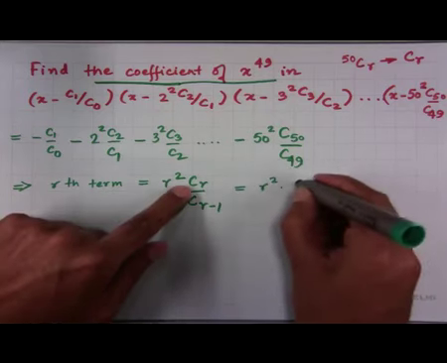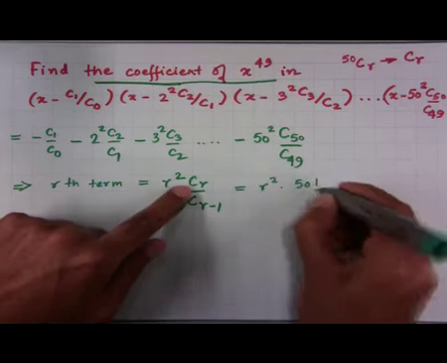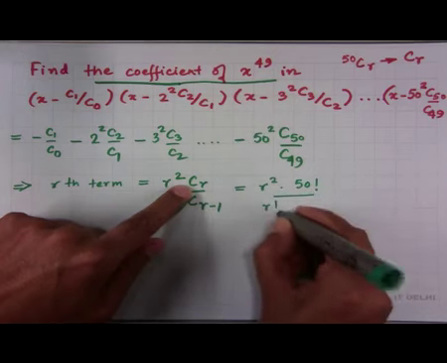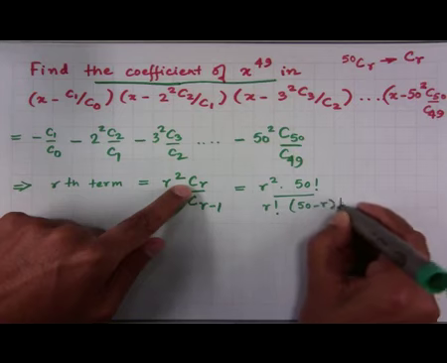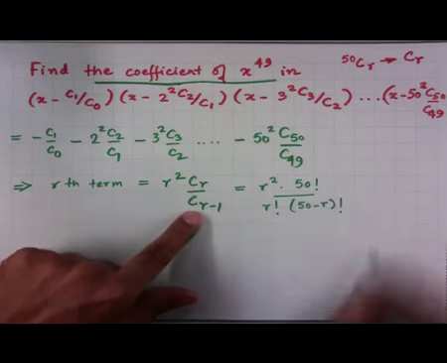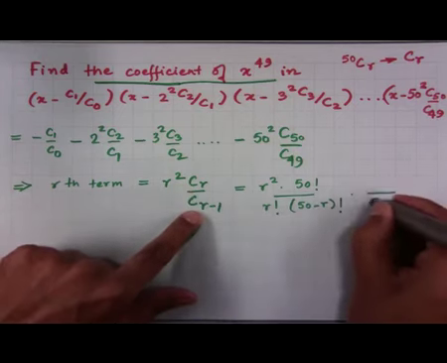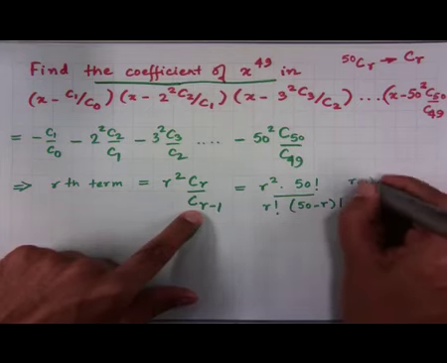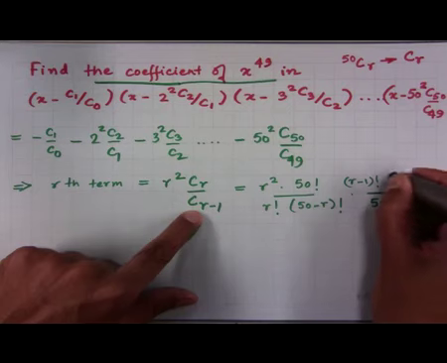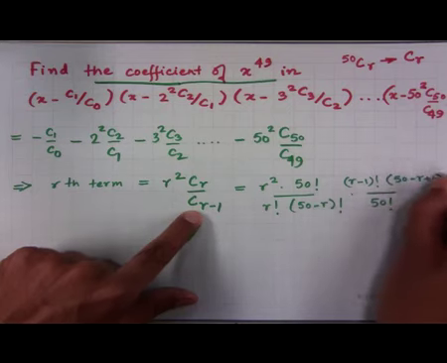C r is factorial 50 by factorial r and factorial 50 minus r, and C r minus 1 is factorial 50 by factorial r minus 1 and factorial 50 minus r plus 1.